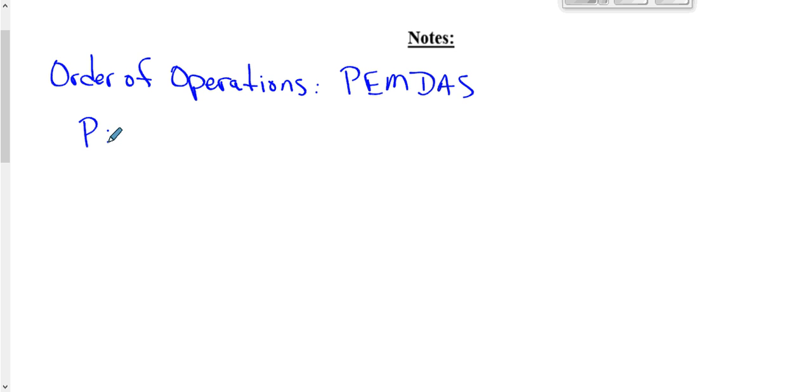What about the P? Parentheses. Okay, so anything that's inside of parentheses or grouping symbols, and there's more grouping symbols in math than just parentheses. There's brackets and there's the horizontal fraction bar and whatnot, right? So anything inside of there will get done first, and then the E stands for what?